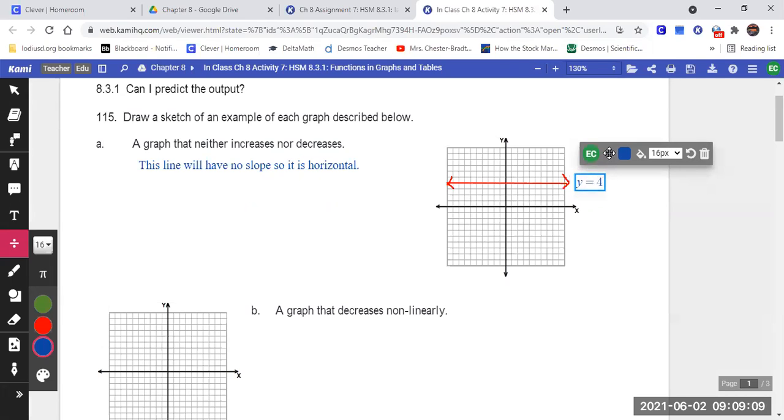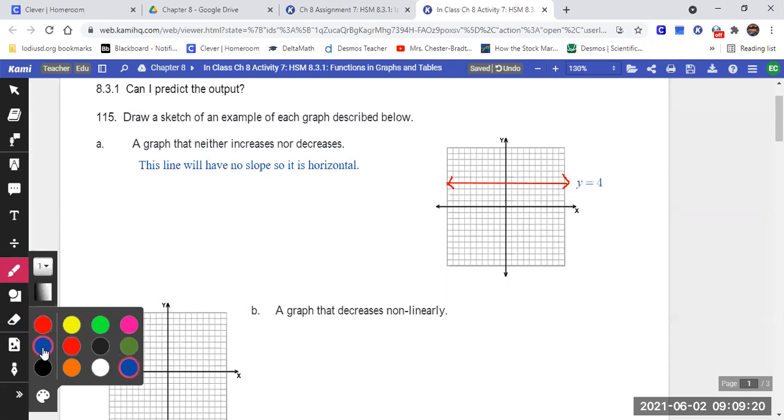That's because slope was 0, right? And 0 times an x made the x go away. But it still has a starting point, because it's crossing the y-axis.